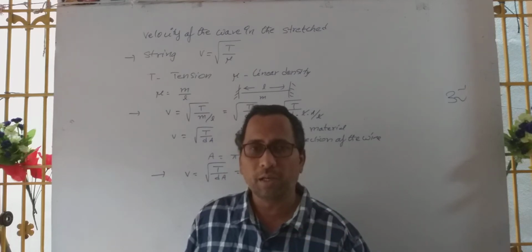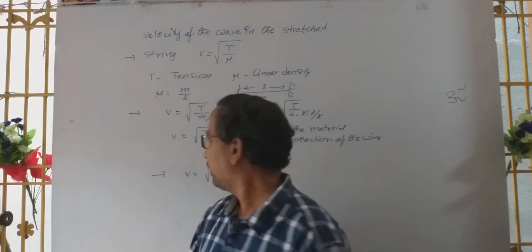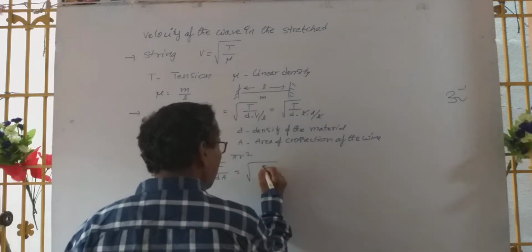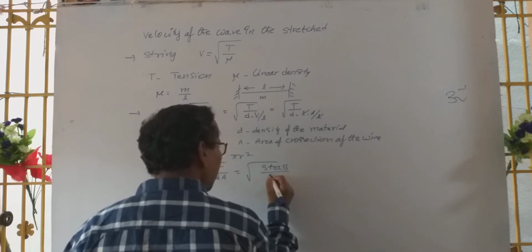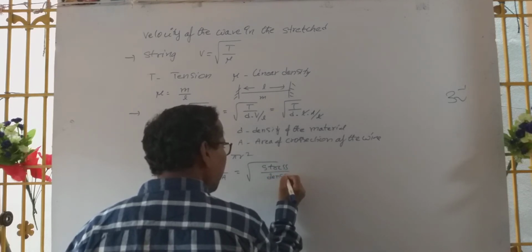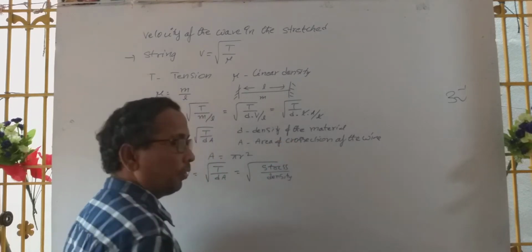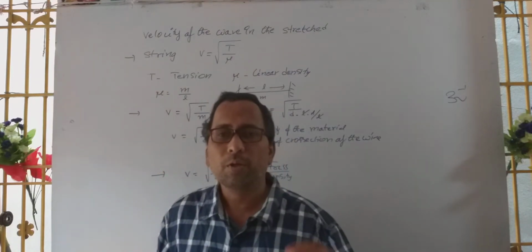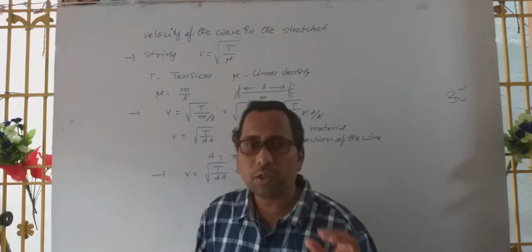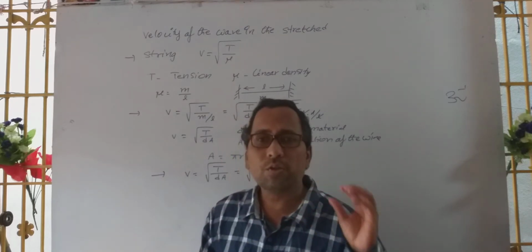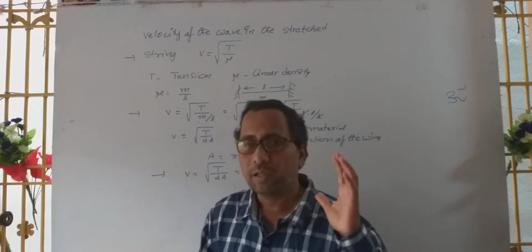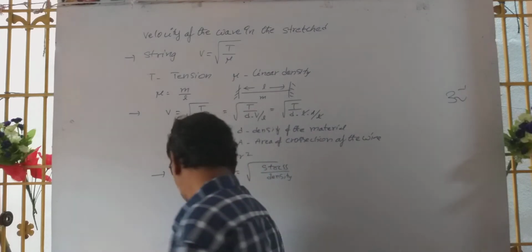Force by area, tension by area, that's why that equals stress by density. This is a very important formula. So the velocity of the wave in the string v is equal to root of stress by density. This is a different model.